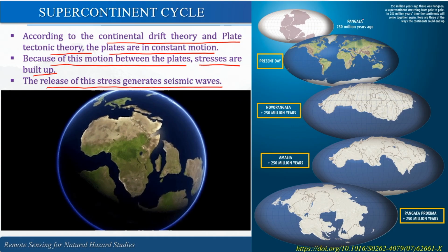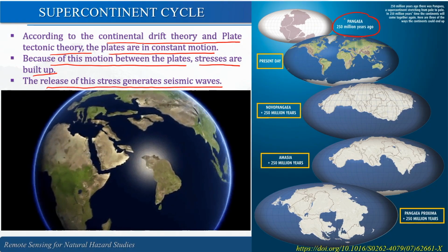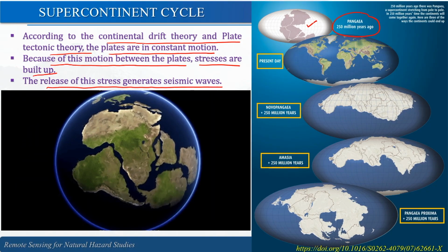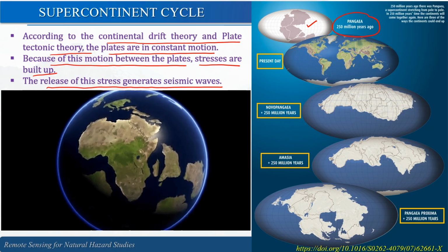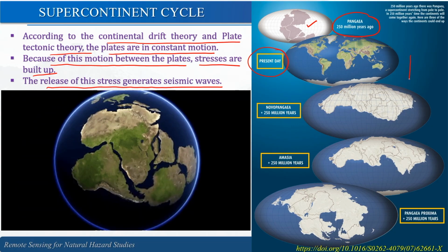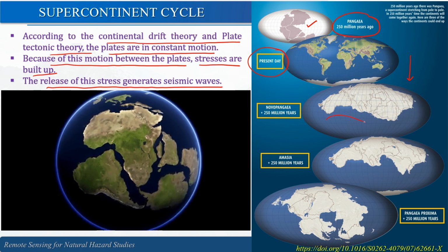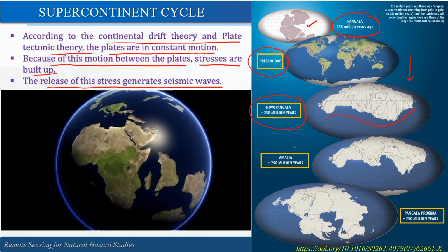So, you can see around 250 million years ago, this was the condition of earth where all the land masses were together, and then this is the present day, and subsequently it will take the form of this, which we will call Novo-Pangea.